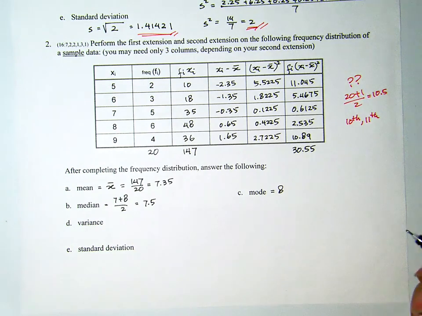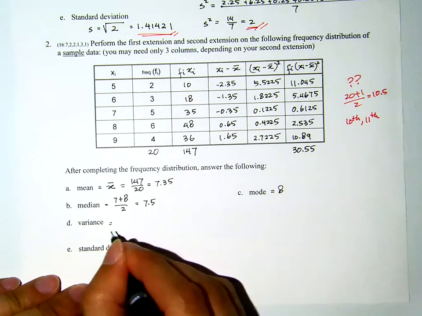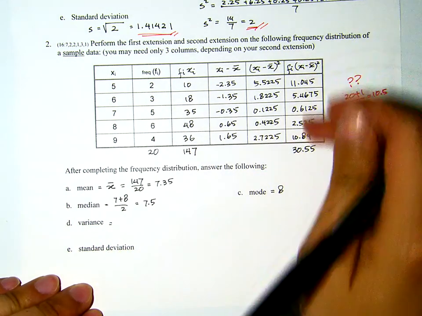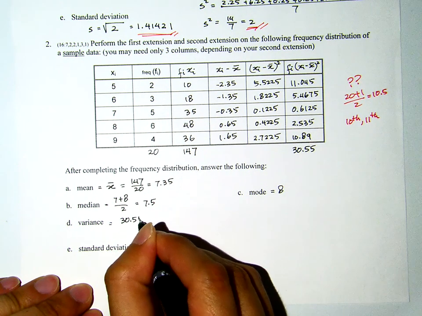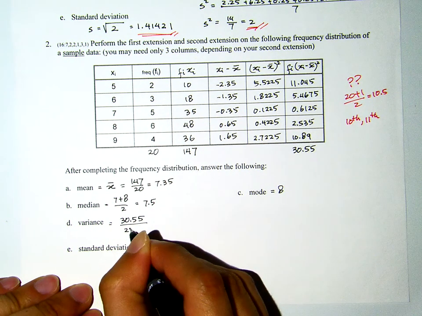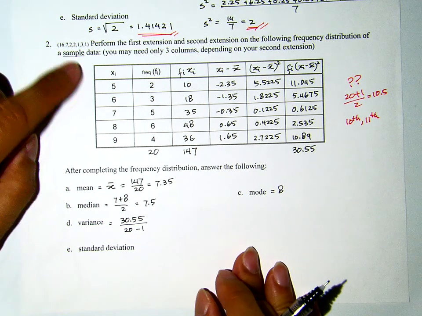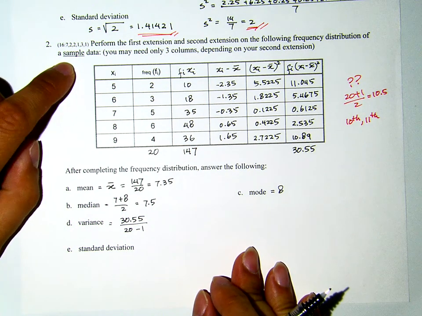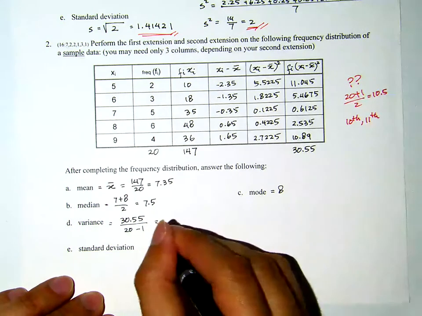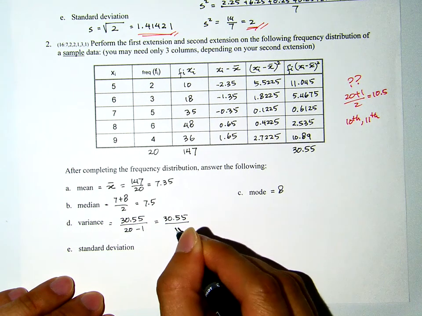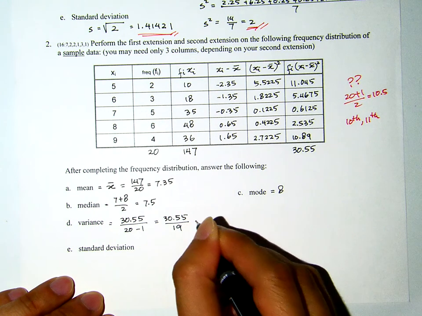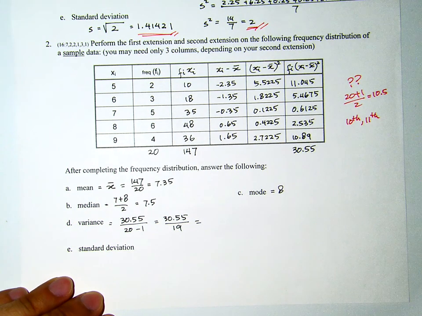Now the variance will be the sum of the squared errors, which is 30.55 divided by 20 minus 1, not by 20, because it's a sample. Which is 30.55 over 19, and then you use your calculator to compute this.